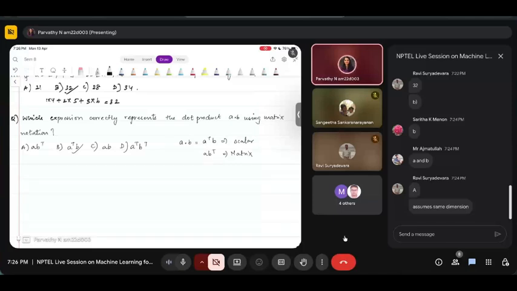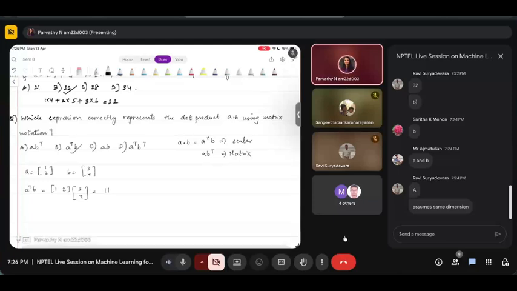Suppose I'll show one example. Suppose A is equal to 1, 2, and B is equal to 3, 4. If I take A transpose B, then I will get 1 into 3 plus 2 into 4, which is 11. So this is a scalar value.